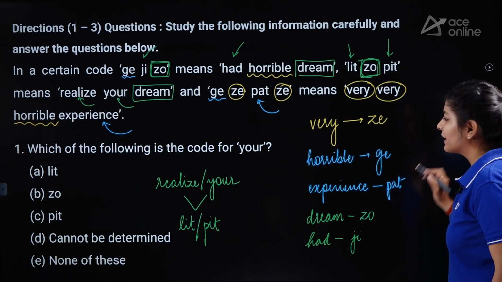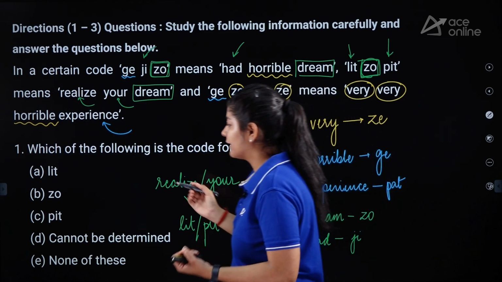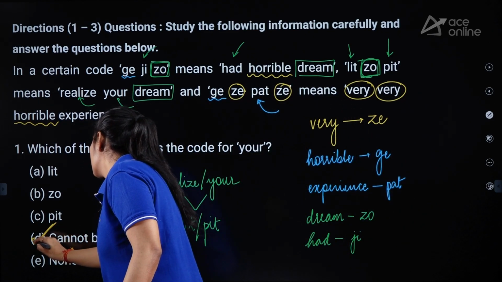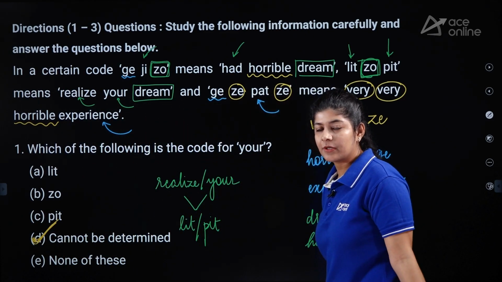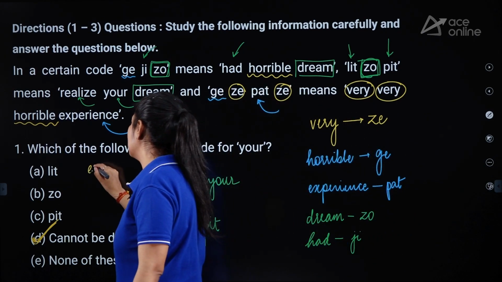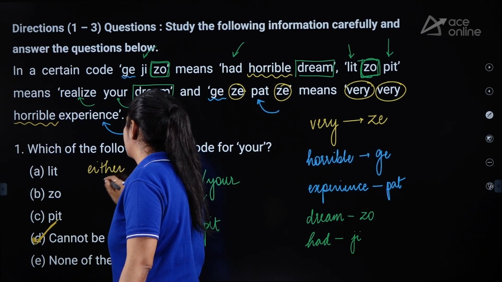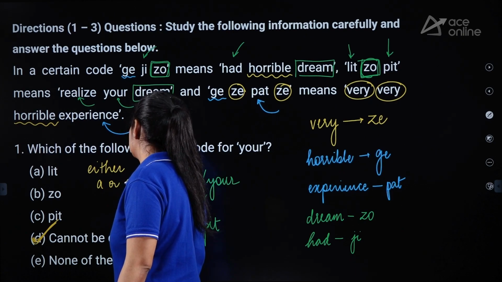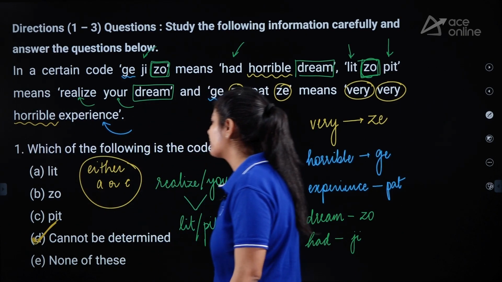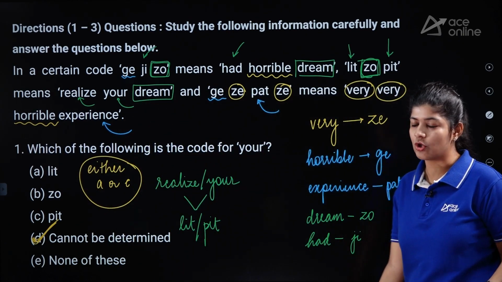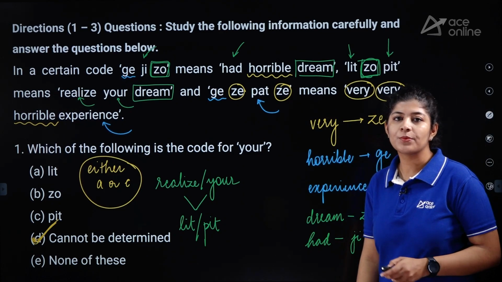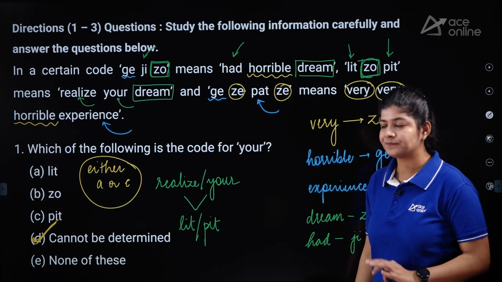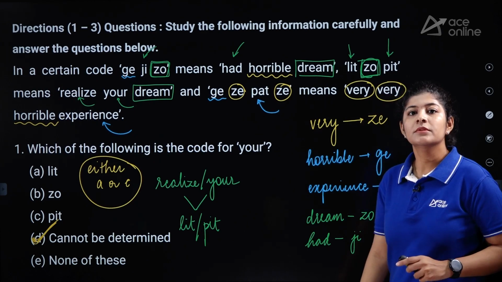So in this particular question, we can easily go with can't be determined. If we were having an option like either A or C, then we would go with that option, but in this one we are not having such an option. So we will go with option number D. Is it clear? Okay. Now the next one.